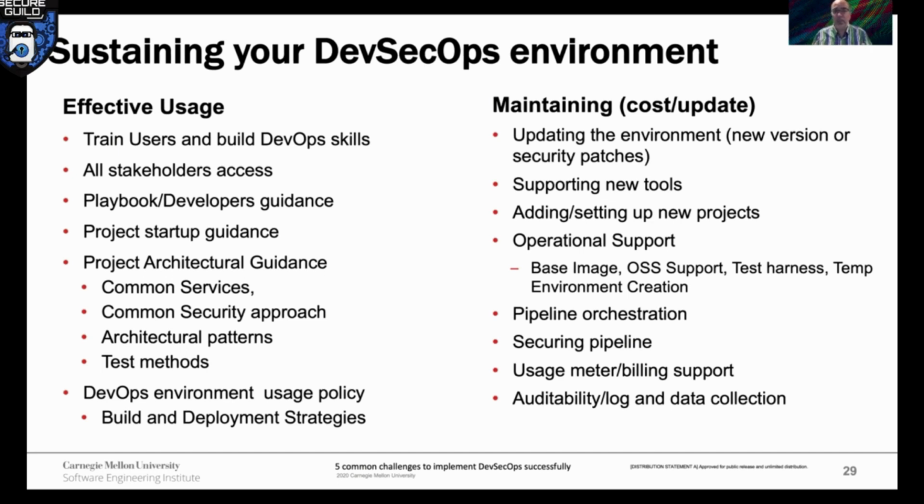If it is not used effectively, we end up blaming tools, saying that the tool is not solving our problem. But we have to look at what we have to do organizationally to enable team members to use the DevSecOps environment effectively, such as training the users. We can build a playbook guidance for developers, a project startup guidance as an example, and an overall architectural guidance, like a checklist for going from one gate to another.